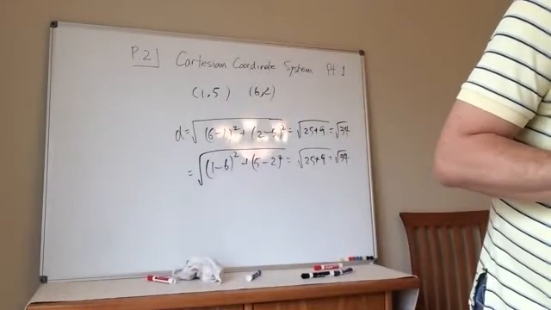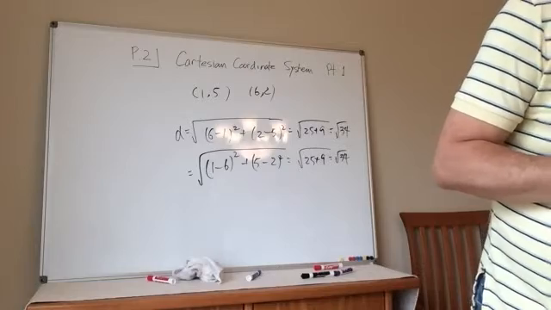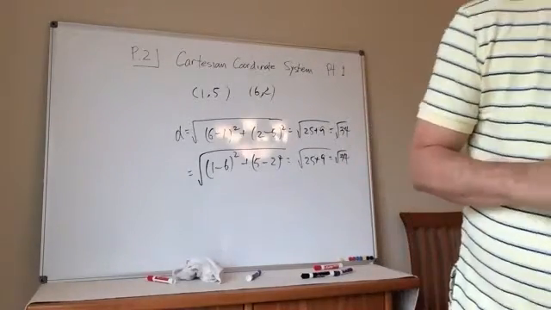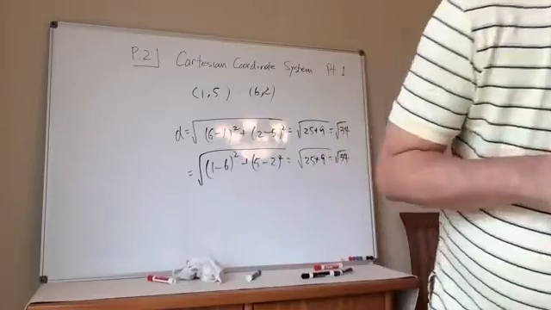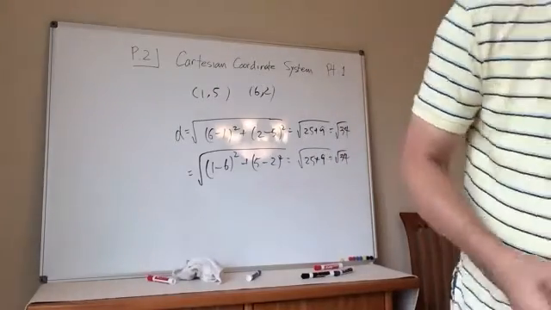Midpoint formulas. Okay, the midpoint formula of a segment is nothing more than a plus b divided by 2. Midpoint formula in a coordinate plane is what?